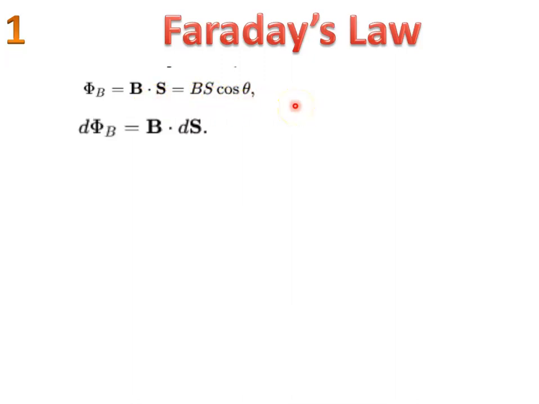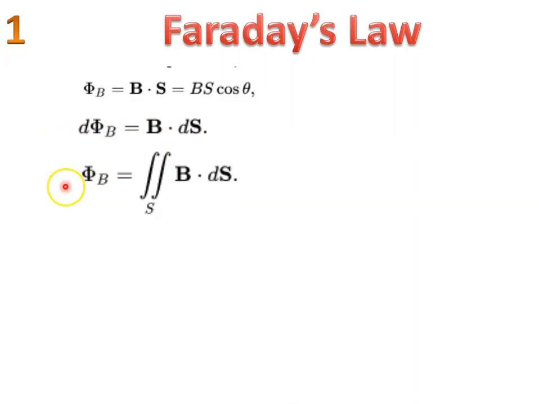dot product. Now the variation d phi, that is the change in flux or the small amount of flux cut by the infinitesimal small area, and that area is associated with the direction perpendicular to the surface, that is d phi is equal to B bar dot ds bar.